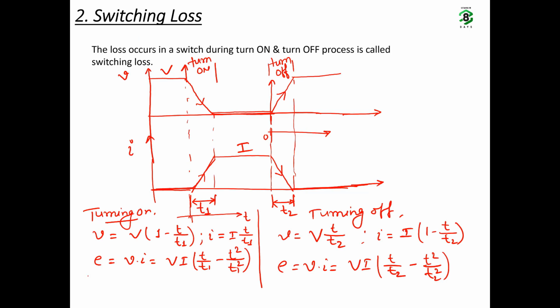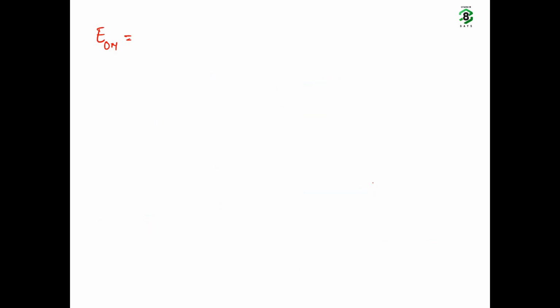For turning on, we will integrate this E for the duration of T1, from 0 to T1, Vi times T by T1 minus T square by T1 square.